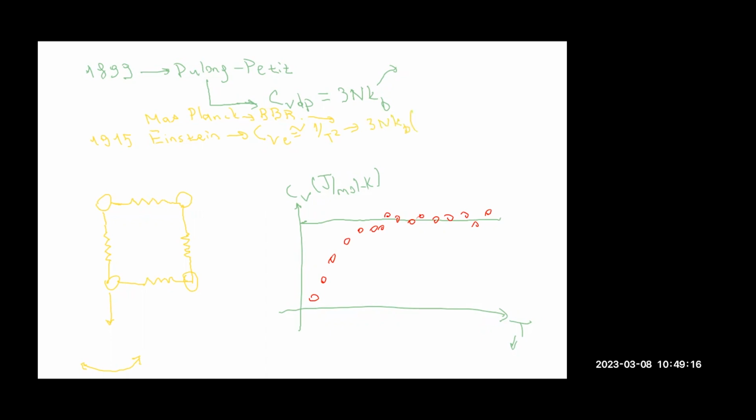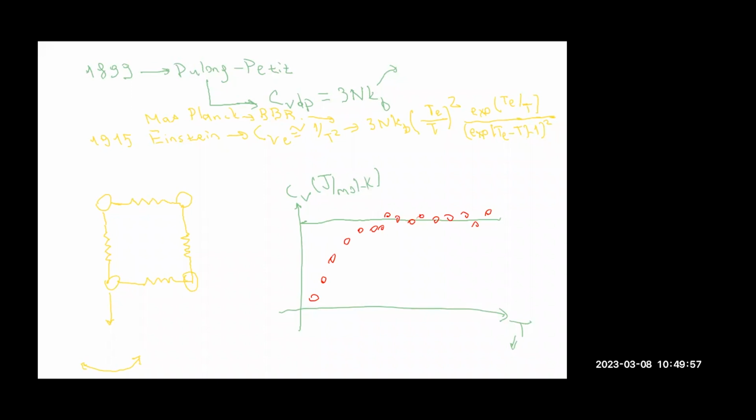Could be mistaken maybe, but as far as I remember, this is like TE divided by T squared, and we have some exponential term, exponential TE divided by T, and we also have exponential TE divided by T minus 1 squared. This should be the formula. I'm not 100% sure, but I'm sure it's proportional with 1 over T squared.